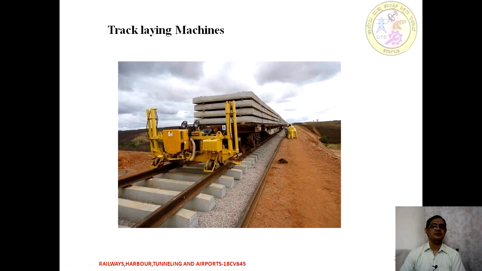This is another image, in which the sleepers or the assembly is brought to the site, properly placed over the sleepers and fitted with all the fixtures along with the joints.